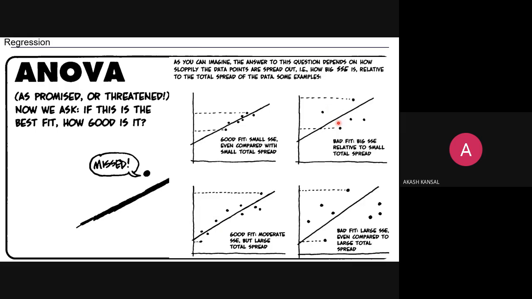The total spread is not too much, so the error is relative. In the third one, it's also a good fit. We have a large spread, but the SSE is not that big. And in the last one, we have a large spread and a large SSE as well, so it's a bad fit.